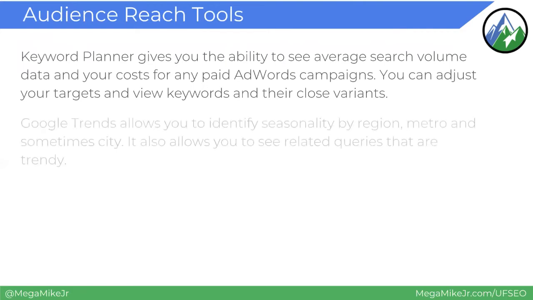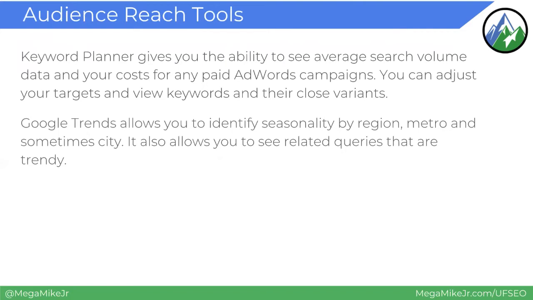Google Trends allows you to identify seasonality by region, metro, and even sometimes city. If there's enough volume for the city, you can get granular to the city level, which would help you on the AdWords side, because you've identified, hey, people are searching for this in that area.